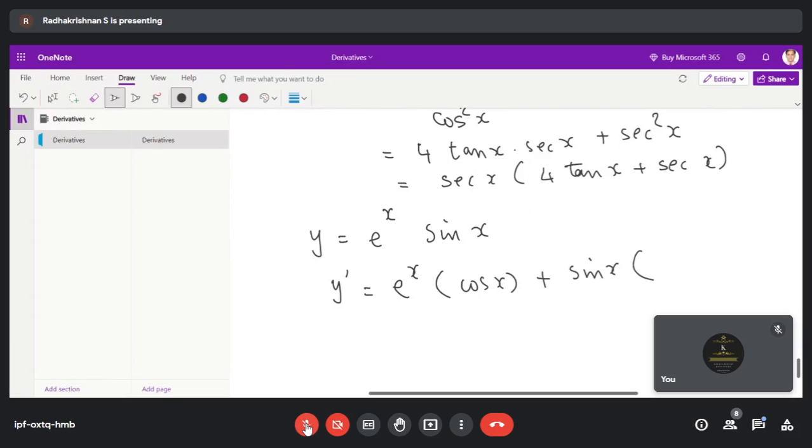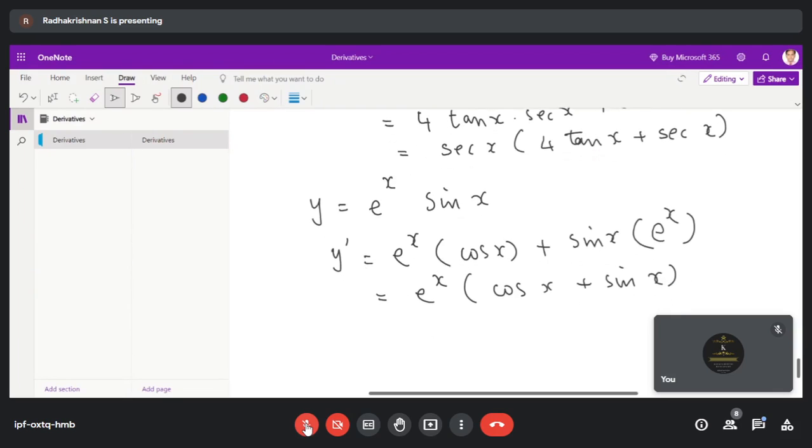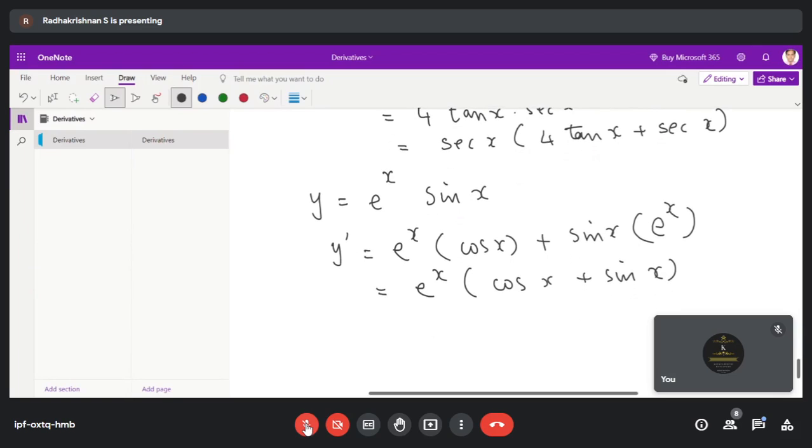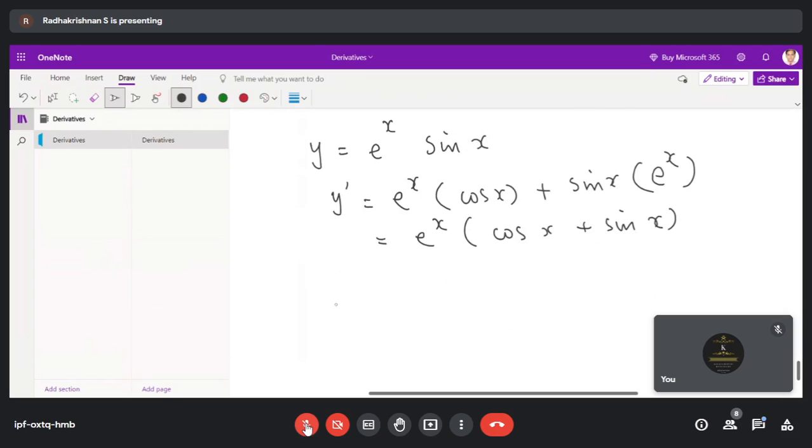What is the derivative of e power x? The derivative of e power x is e power x only. Okay, sir. So it is going to become e power x into cos x plus sin x.